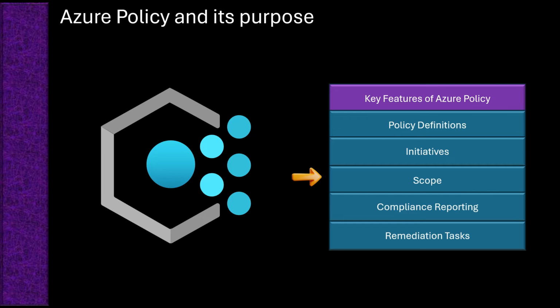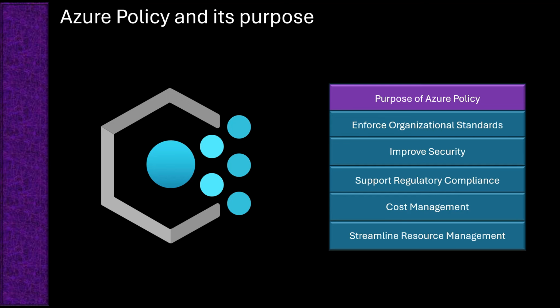Policies can be applied at different levels: subscription, resource group, or individual resources. Azure Policy continuously evaluates resources for compliance and provides insight via a compliance dashboard. And if a resource is found to be non-compliant, Azure Policy can fix it automatically.